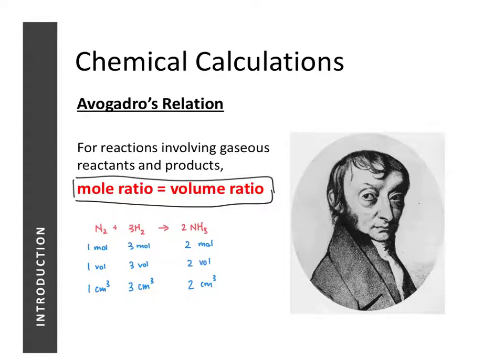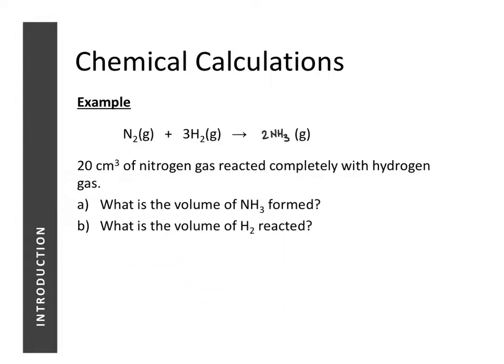So back to this example, I have 20 centimeter cube of nitrogen reacting with hydrogen to form ammonia. They are all gases. We have now learned that the mole ratio, that means 1, 3 and 2, is also equivalent to the ratio of the volumes.